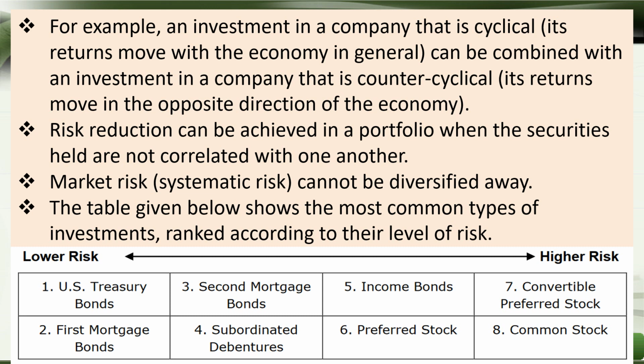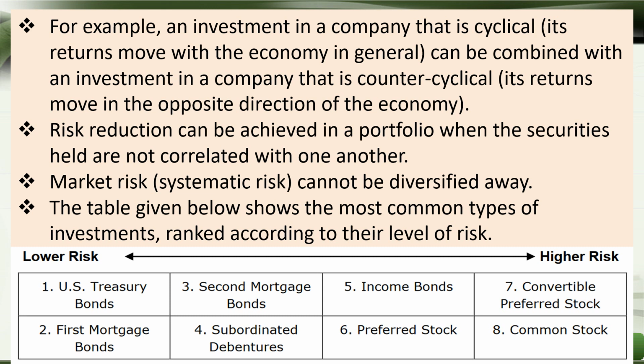And we have to see this table. It shows the most common types of investments ranked according to the level of risk. We are looking at the US environment. Let's say the lowest risk will be in the US Treasury bonds. And then the first mortgage bonds also.